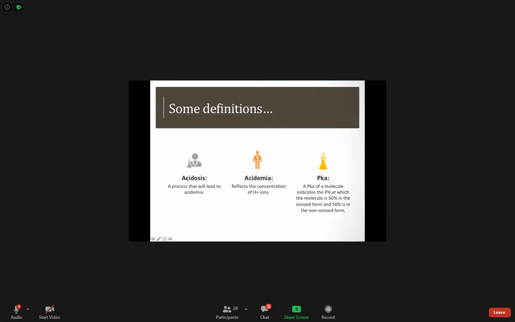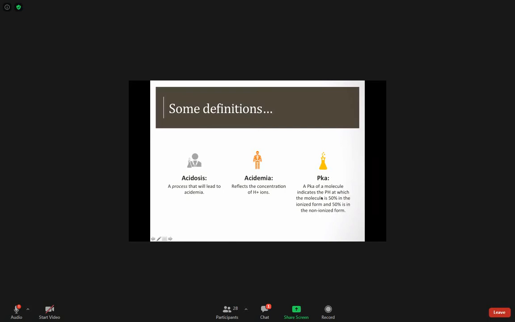Acidosis is the process of producing acidemia. It's the process of causing the plasma or the blood to be acidic. Acidemia is the result of acidosis, which is the result of too much hydrogen ion in the blood. So this is the process, this is the effect, the result. And the pKa is a term you might hear later on.